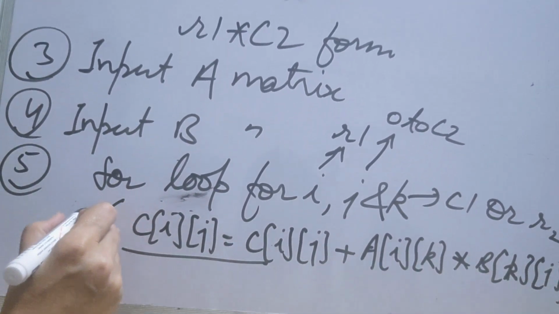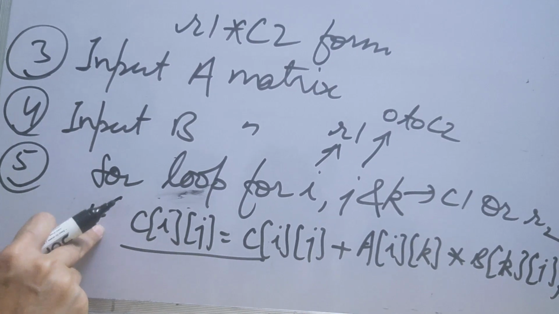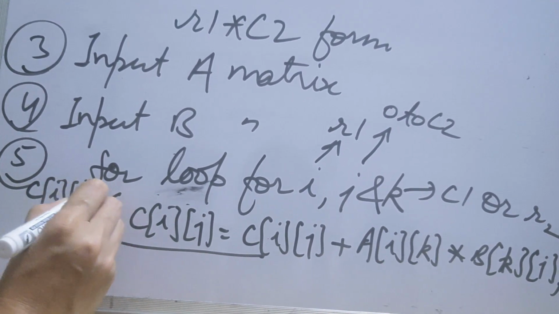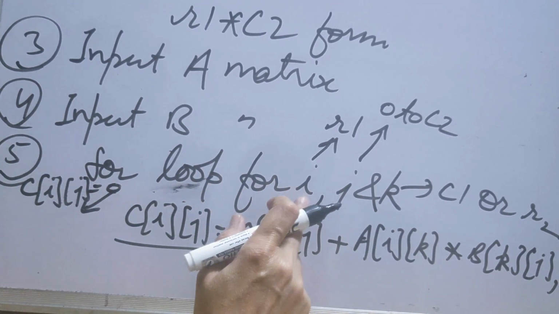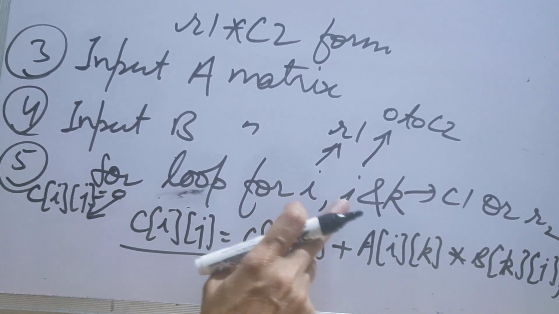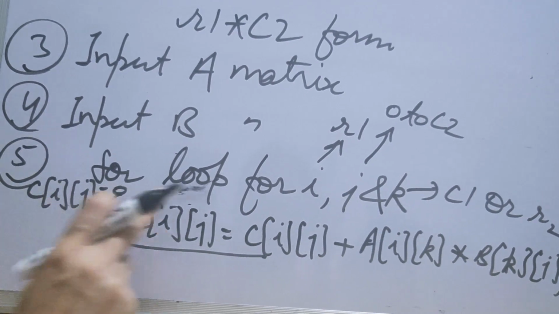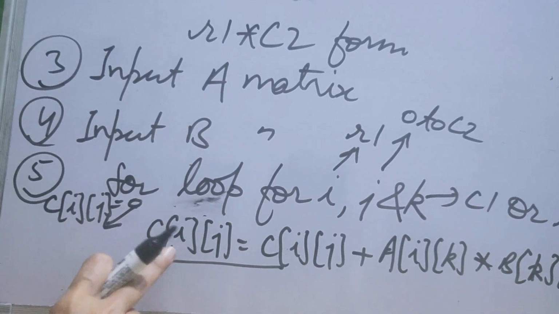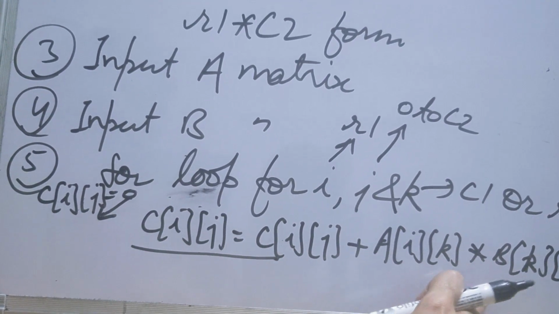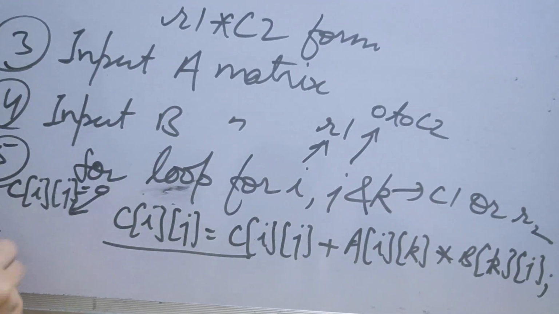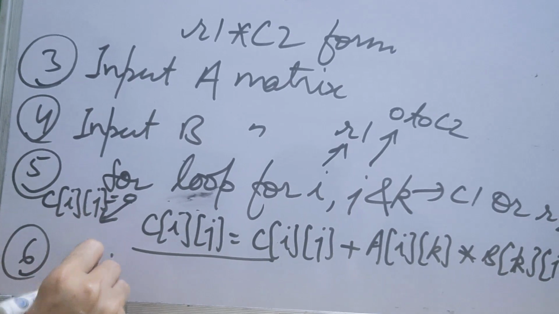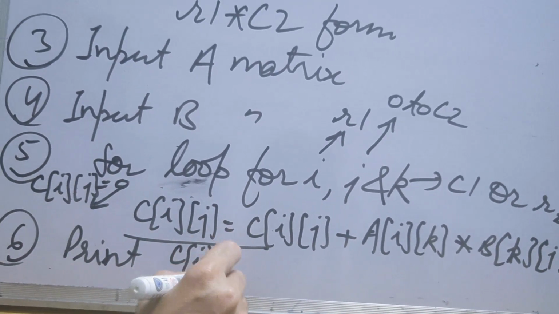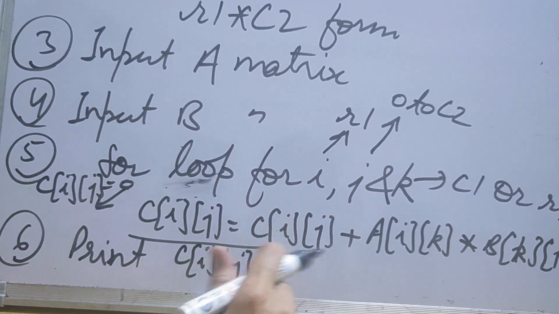And we will not forget to initialize Cij equals 0 after the I and J loop. Then K loop, then Cij equals Cij plus Aik into Bkj, and last we will print matrix C and then stop.